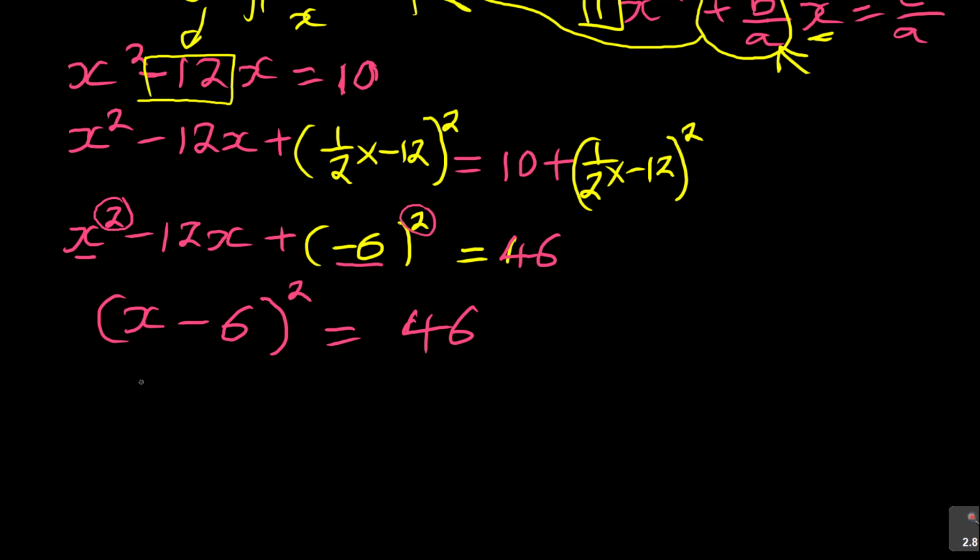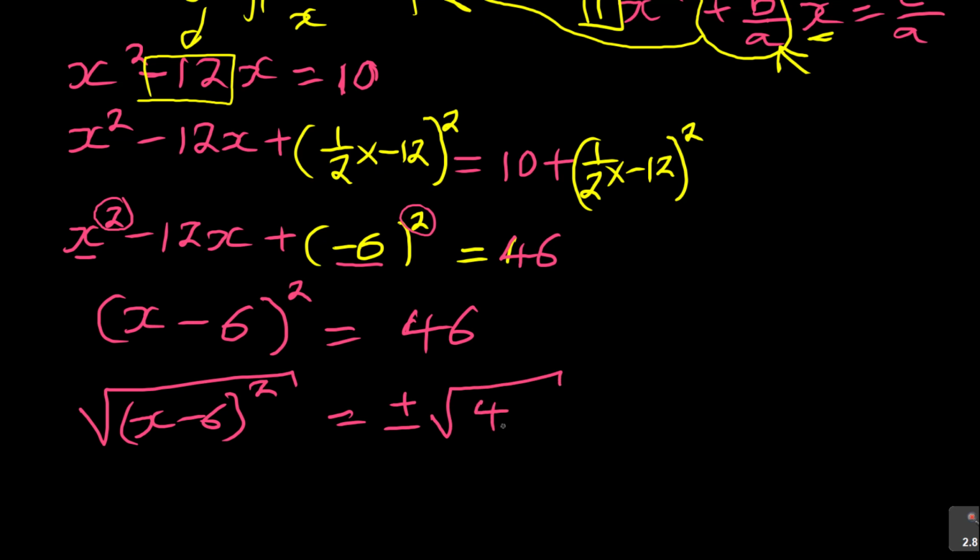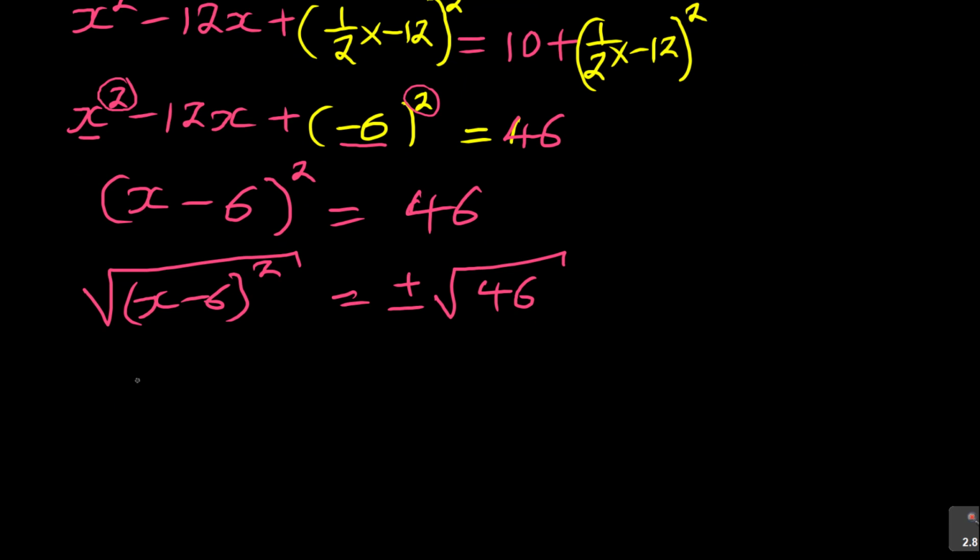Alright, then if we move on here, you know what to do. You square root to get rid of that square. So it's x minus 6 squared under the square root is equal to, now when you square root the other side, you say plus or minus square root of 46. That's the completion of a square. Then from there we have got x minus 6 is equal to plus or minus square root of 46, and then we continue.